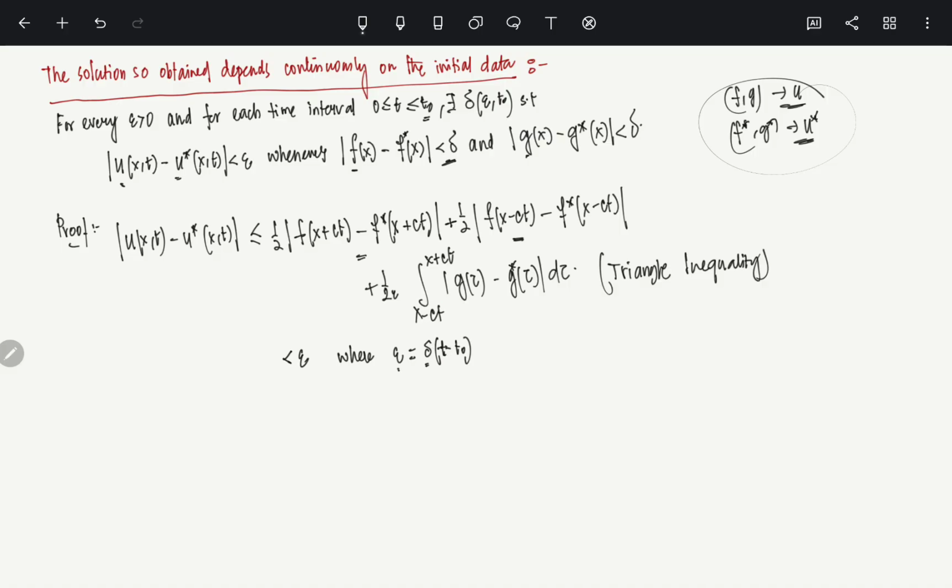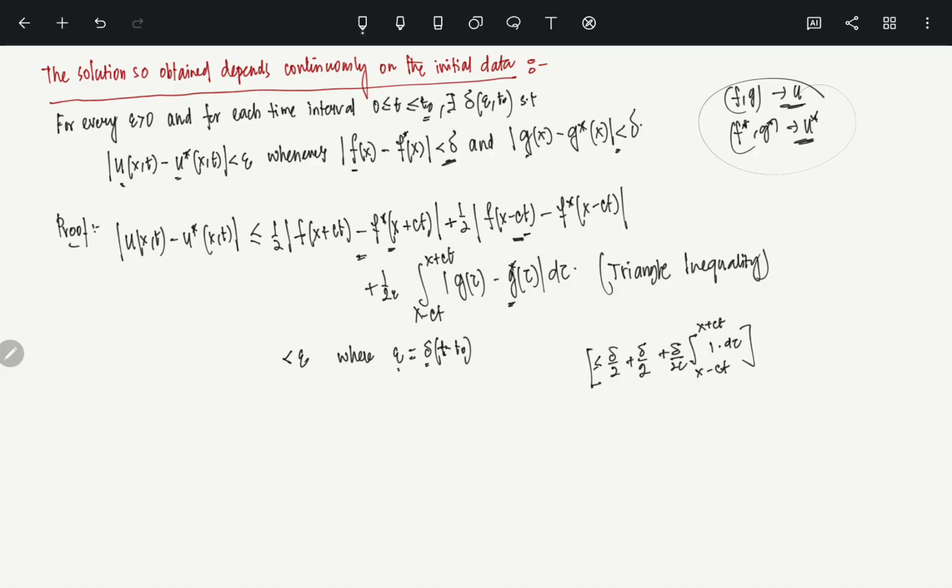Why is this true? Let me give you an idea. The first term is basically delta by 2. This term is again delta by 2, and this term is less than delta again. So this is plus delta, and then the integral by 2c, from x minus ct to x plus ct, of 1 dτ, right? Because delta I took it outside.